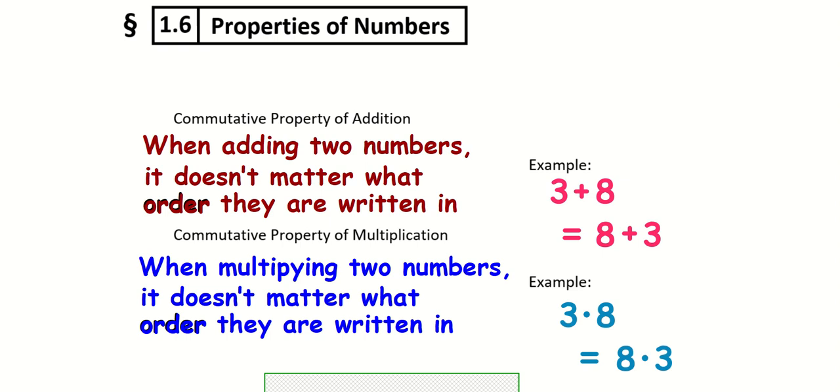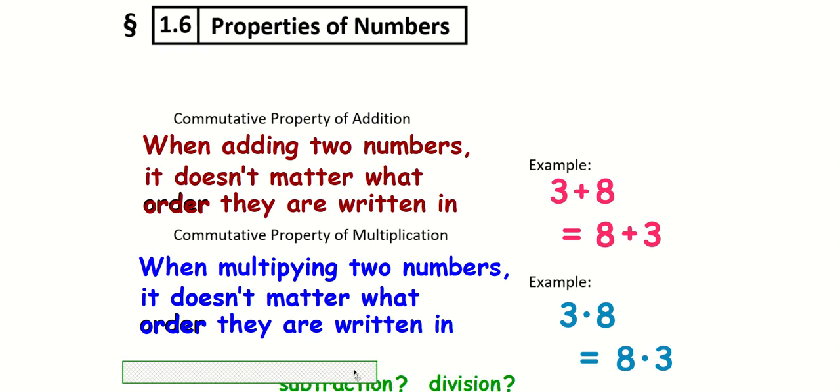It doesn't matter what order you write them in. That's the commutative property of multiplication. As always, feel free to pause the video so you have a chance to write anything down that you need to.